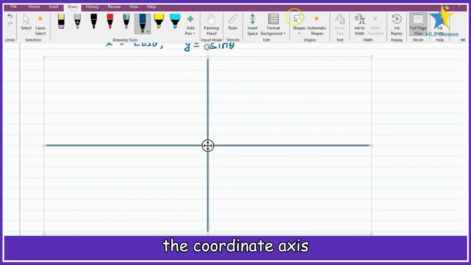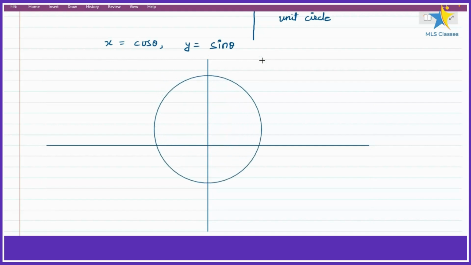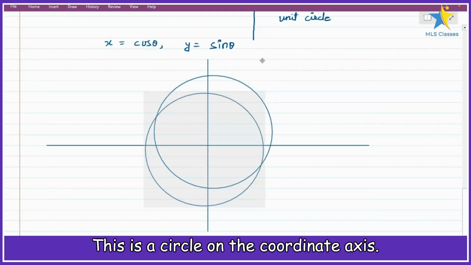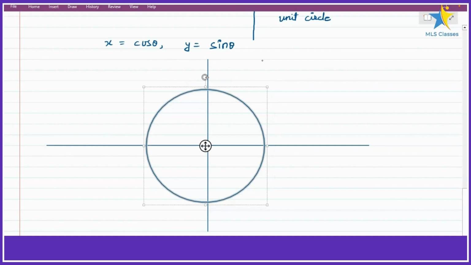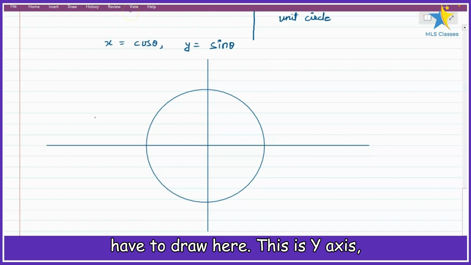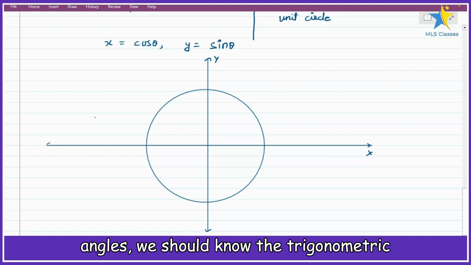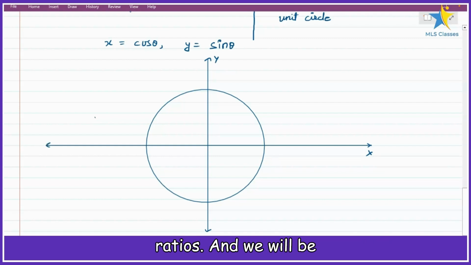Suppose this is the coordinate axis, and this is a circle on the coordinate axis, and suppose some angles we have to draw here. This is the y axis, this is the x axis. For some of the angles we should know the trigonometric ratios, and we will be doing that.